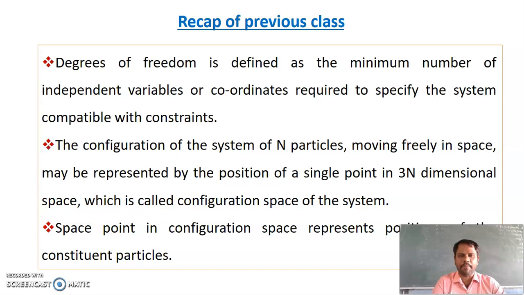For a system of n particles moving freely in space, they can be represented by the position of a single point in 3n dimensional space, and it is called the configuration space of a system.